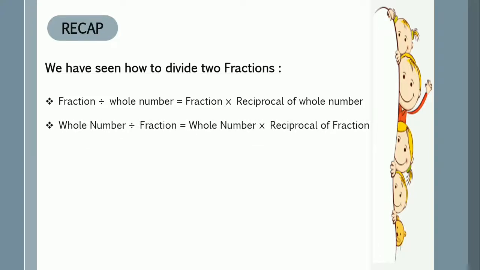Then when we divide a whole number by a fraction, we take the multiplication of the whole number and the reciprocal of the fraction. Then when a fraction is divided by a fraction, the division will be multiplication of the fraction and the reciprocal of the second fraction.